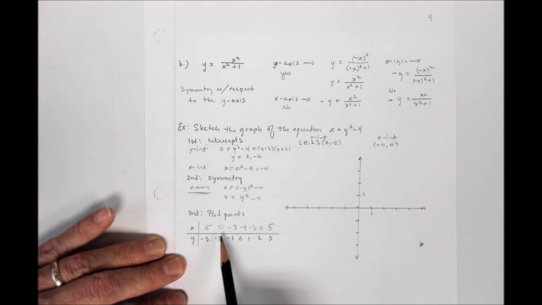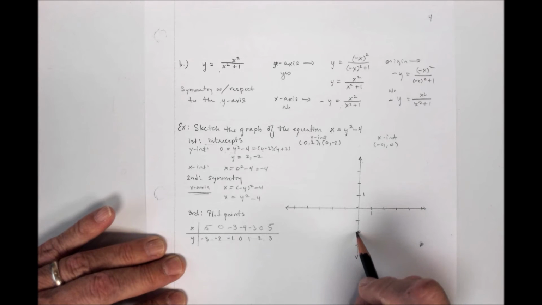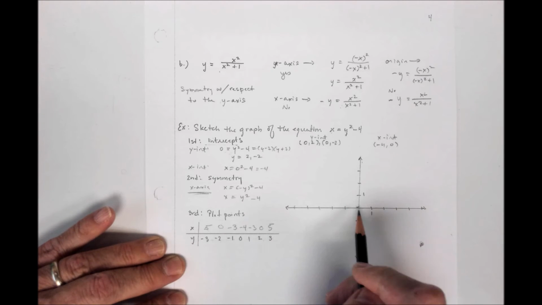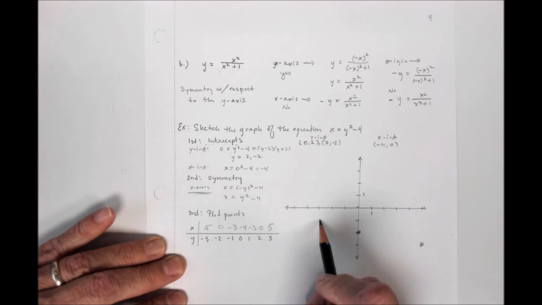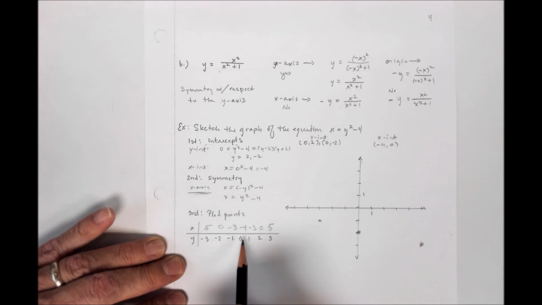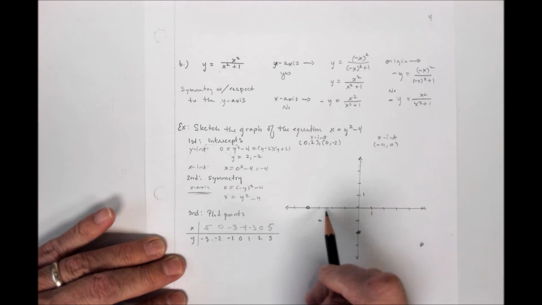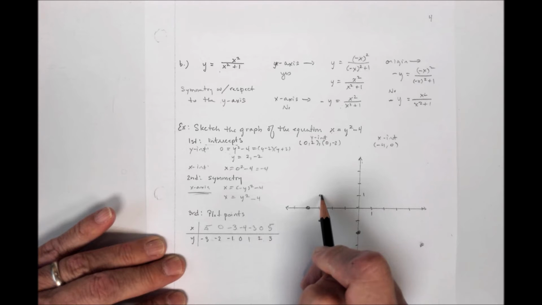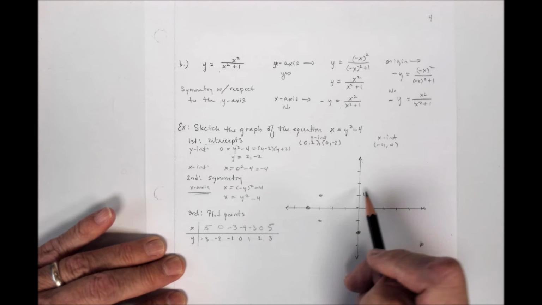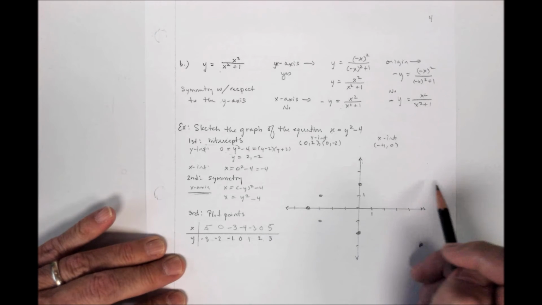And then I'm going to plot (0, negative 2), right here. And then (5, negative 1), (negative 4, 0), right here. And then (5, 1), (0, 2), and (5, 3).